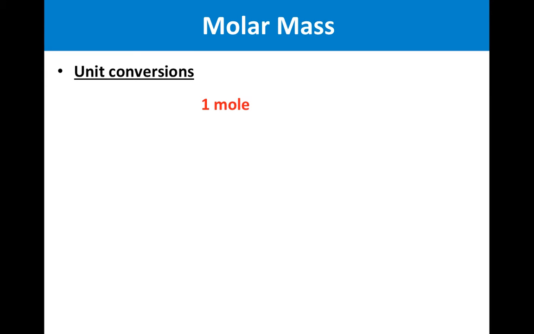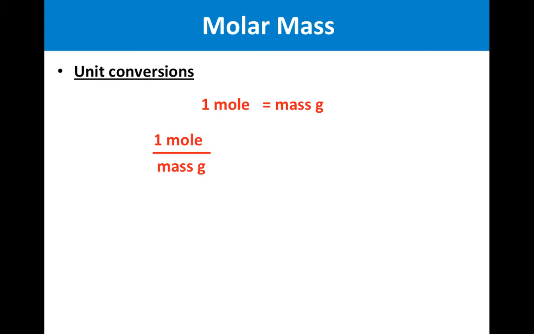So how are we going to use unit conversions? So this is what you're going to do. For every 1 mole, you have a mass in grams. And that is where you're going to find the mass in grams in your periodic table, which we only used in the past to talk about isotopic abundance, but now it becomes very important because every atomic mass unit is related to the 1 mole of that substance.